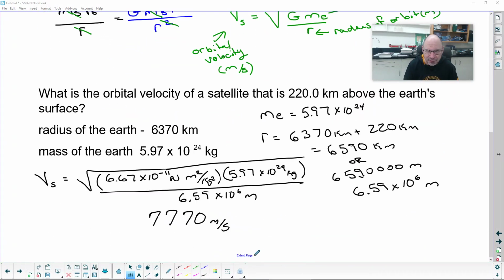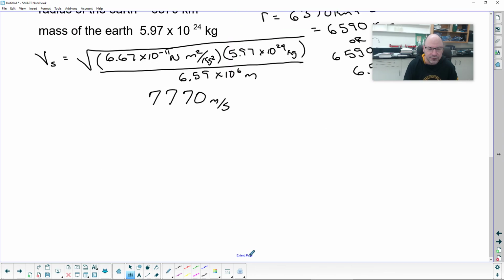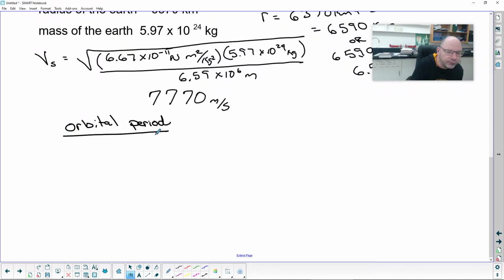So underneath here, let's extend this a little bit. The orbital period, and we'll call it T, because in physics, period is a capital T like that.